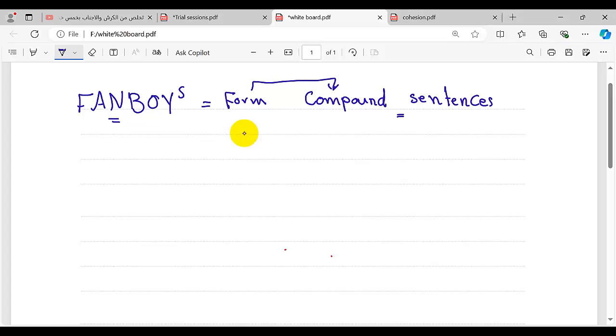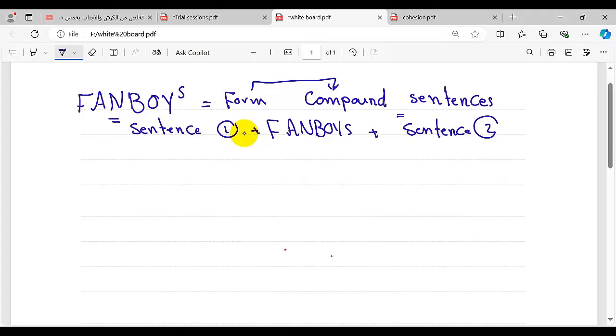Compound sentence means sentence number 1 plus one of the fanboys plus sentence number 2. So we have 2 sentences connected by, or linked by, one of the fanboys.